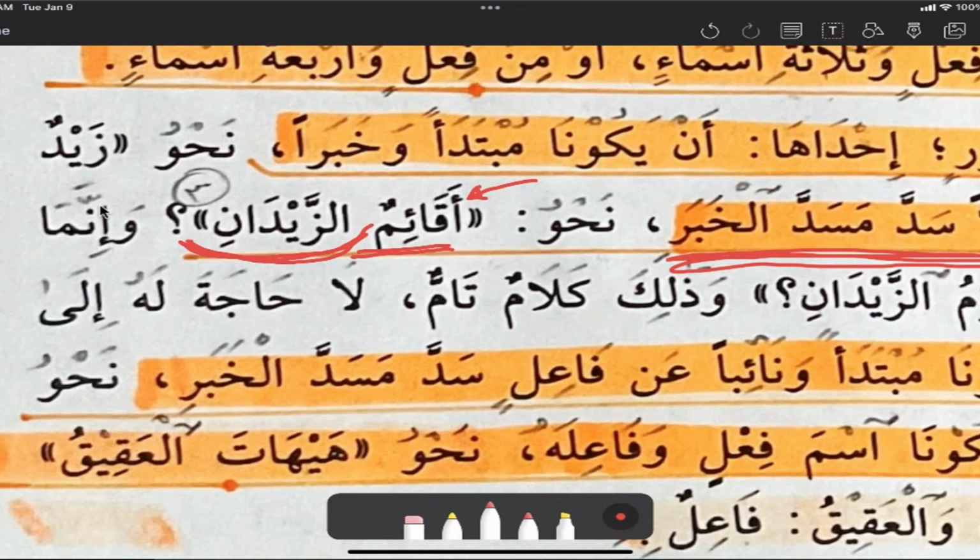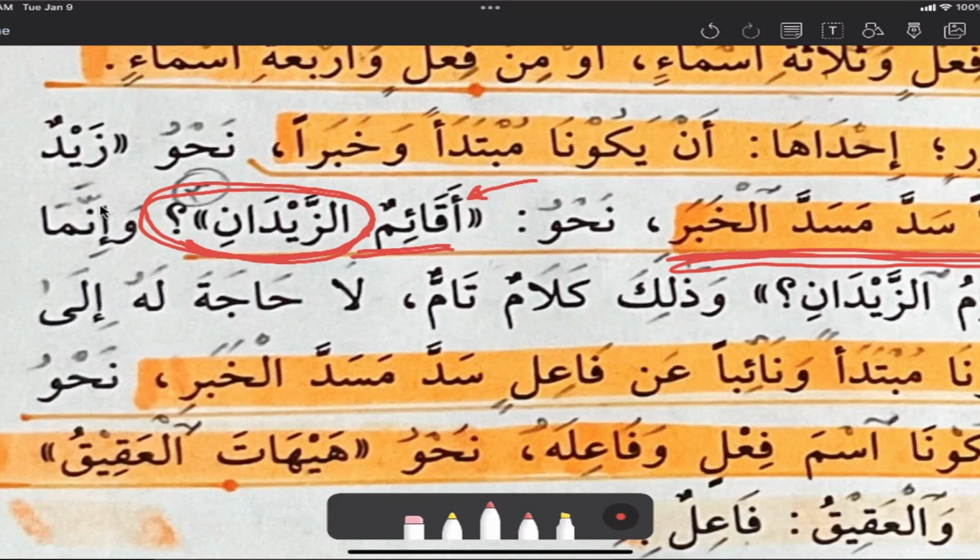Can't really, there's nothing in English that can do this. Are the two Zaids standing? Aqa'imun az-zaydan. So this word az-zaydan, it's not a khabar. Rather, it's a verbal subject.